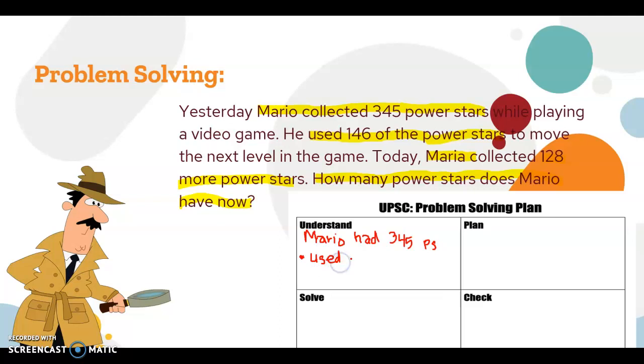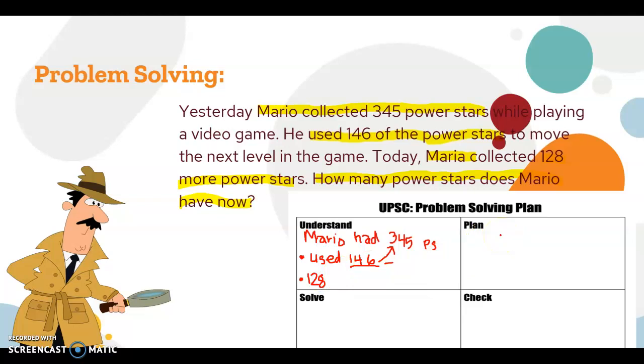So if he used 146, that means that's telling me right there that I need to take away 146 from the total that he's beginning with. Okay, that's one step. So then my second step, oh, I made an error. Erase it. So my second part of my problem says that he collected 128 more. So if he's collecting some more, that means that I need to add to what he had remaining once he used some. I need to add 128 to what he has remaining to see what he has now.